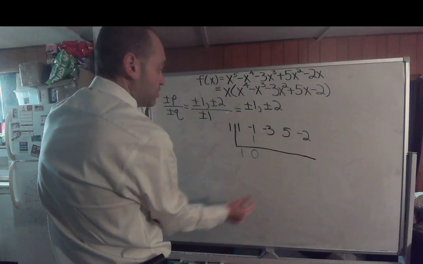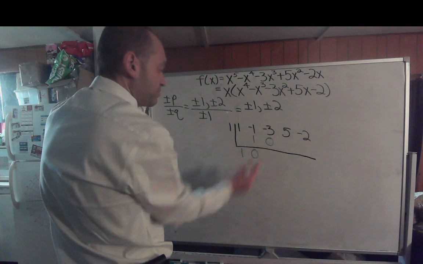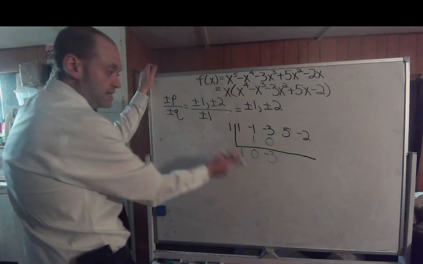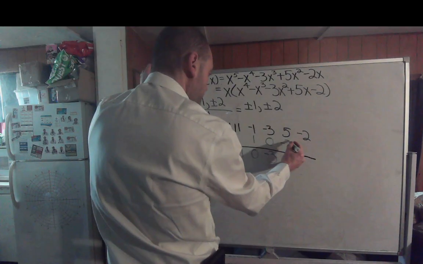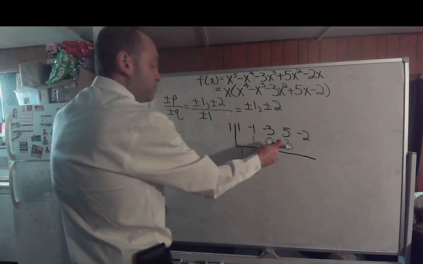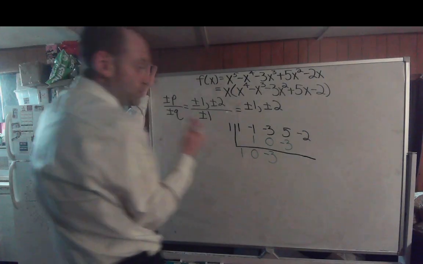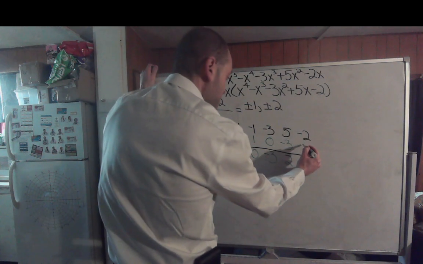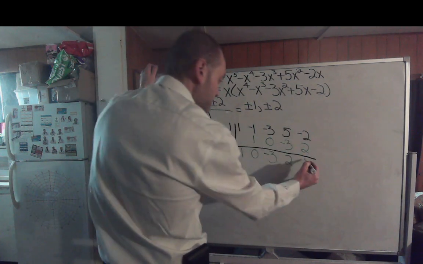1 times 0 is actually 0. -3 plus 0, that's -3. 1 times -3 is -3. So 5 minus 3, that's going to end up being 2. 1 times 2 is 2. -2 plus 2 is 0.